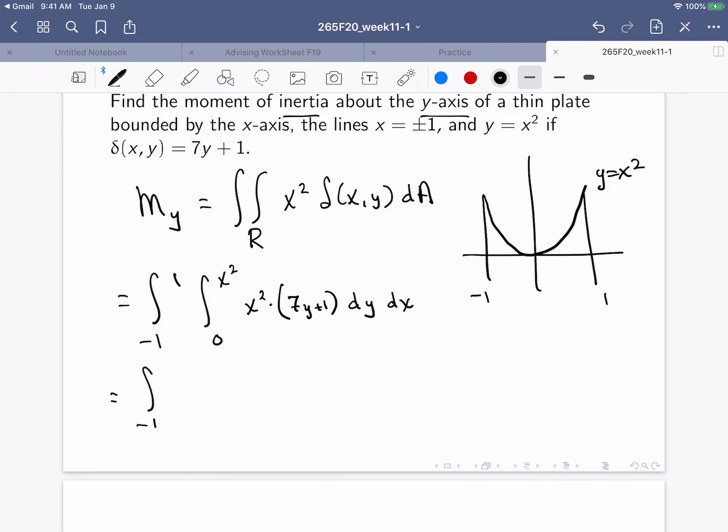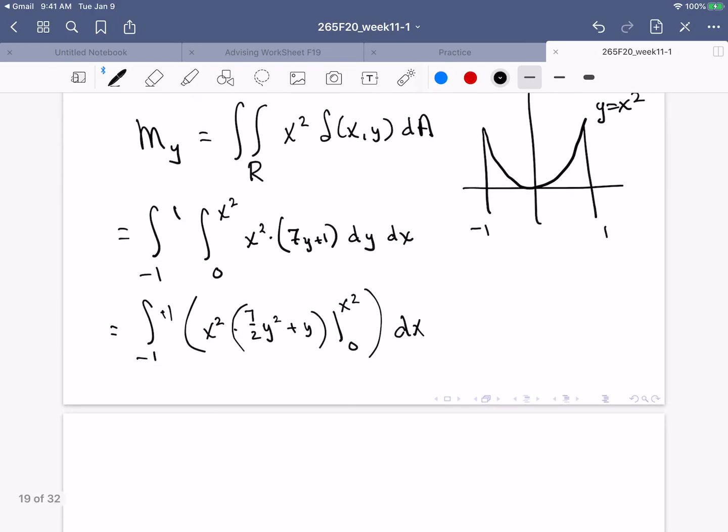So integrating from -1 to 1 of, this is going to be x squared times 7/2 y squared plus y, evaluated from 0 to x squared. So I'm going to clean that up a bit first. So that's going to be x squared times 7 halves times x to the 4th plus x squared.